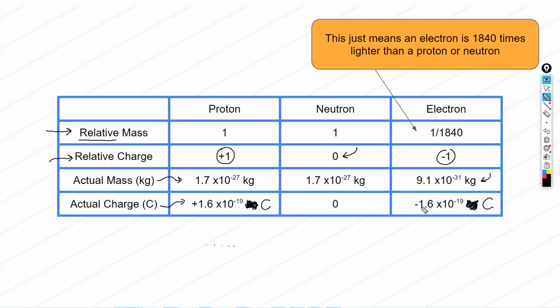And for an electron, this is the value that you have to memorize. I want everyone to take down everything on the table, and then I will explain what relative mass is. I want you to understand the difference between relative mass and actual mass.